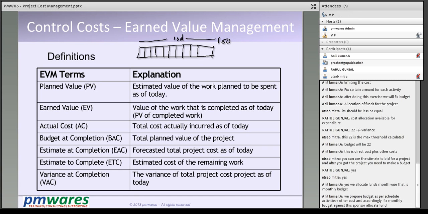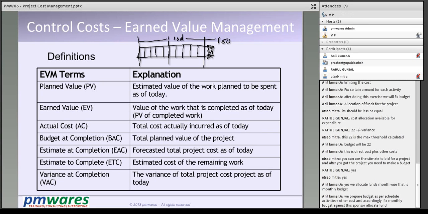Okay, this is how it is: 1 2 3 4 5, so this is the middle, 1 2 3 4 5, and here we are ending. So up to this we have to spend $100, and every day we are going to spend $10, because it is a 10-day work.